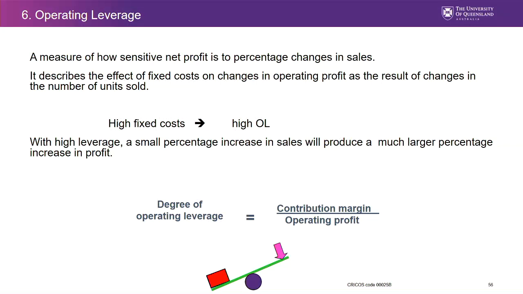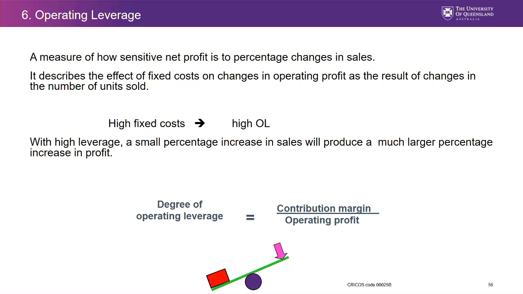So the final kind of tool that we're going to teach you about today for your toolbox as a management accountant or an advisor to business is this concept of operating leverage. And I know that leverage has different meanings in finance. We talk about operating leverage in management accounting, this ratio, which is the ratio between the contribution margin and the operating profit, gives us a degree of operating leverage.